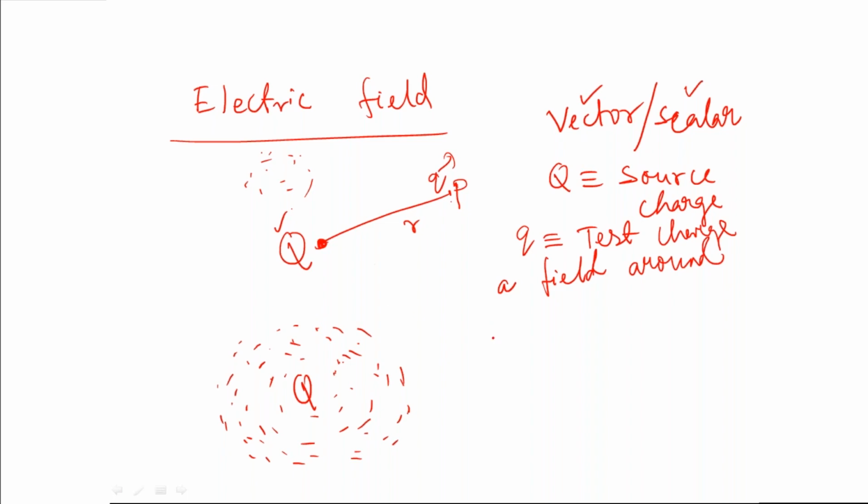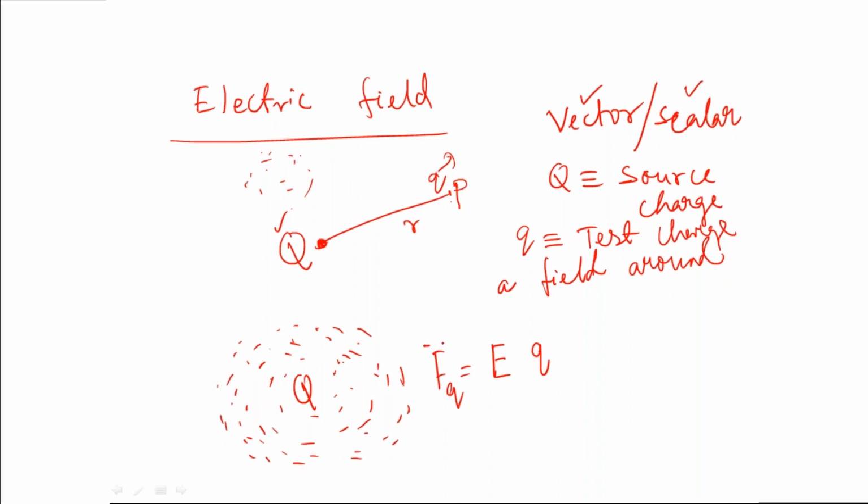Now as I said, that small q charge will experience a force. So if the electric field is denoted by E, then the force experienced by the small q charge will be F equals E times the magnitude of the test charge. So F = qE.